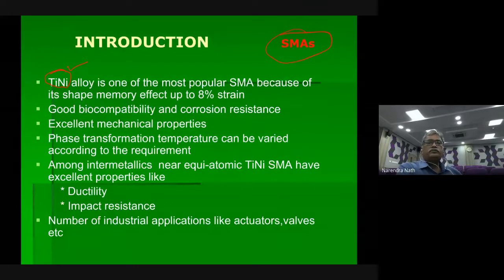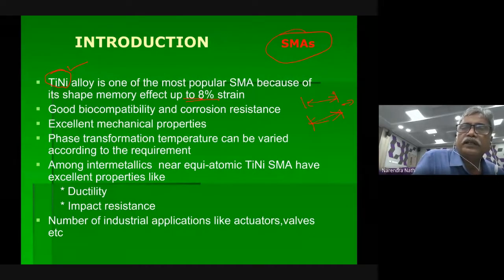This is the alloy where you can strain up to 8%. If this is the length of the wire, you can stretch it further up to 8%. And when you leave it back, it will come back to its original position without any change in dimension or shape. That means recoverable strain. It will recover back to its position.